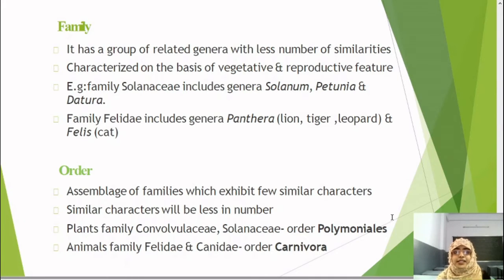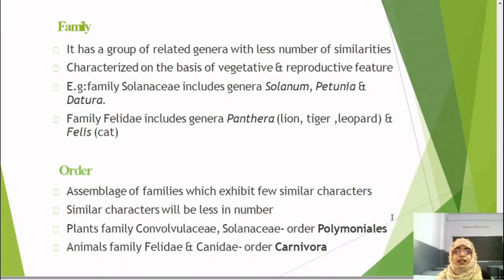The basic definition is that it is a group of related genera with fewer similarities. I just told you that as we go in ascending order from species to kingdom, the similarity among the organisms decreases as we go higher in the hierarchy.